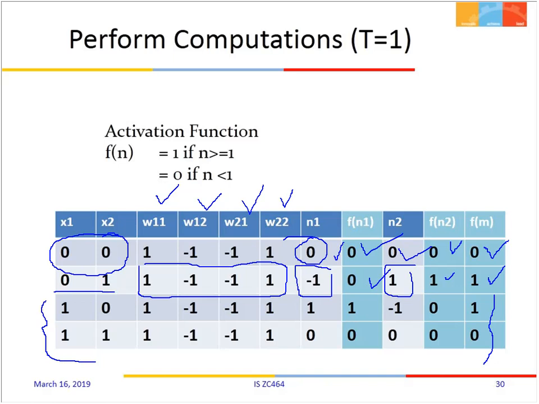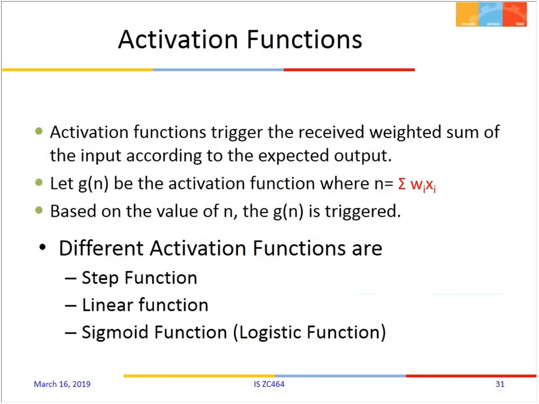So there is an important thing called the activation function, which is very important in the design of neural networks. These activation functions trigger the received weighted sum of the input according to the expected output. Let G(n) be the activation function, where n is the summation of WiXi. So based on the value of n, G(n) is triggered, and different activation functions behave differently.